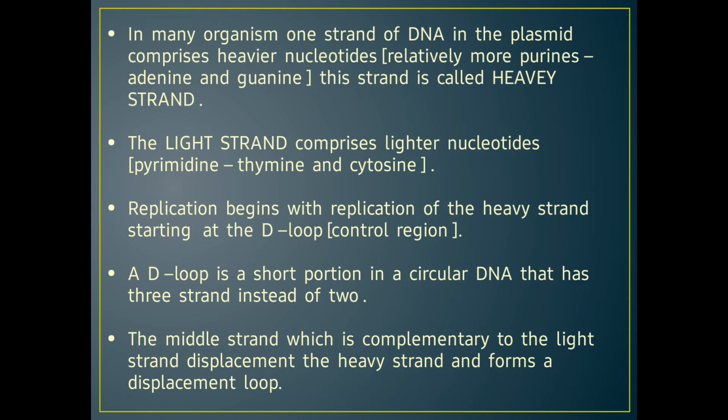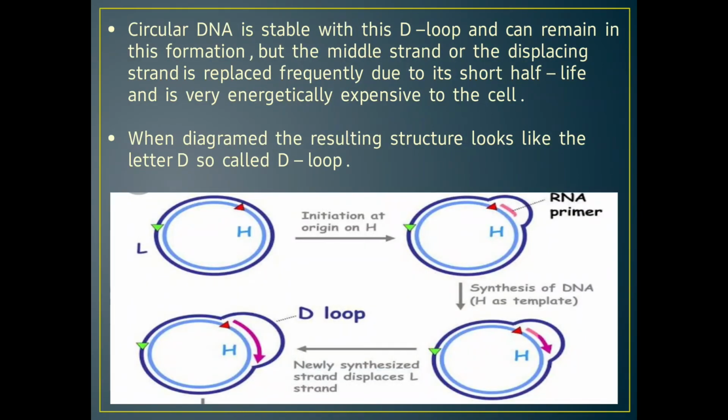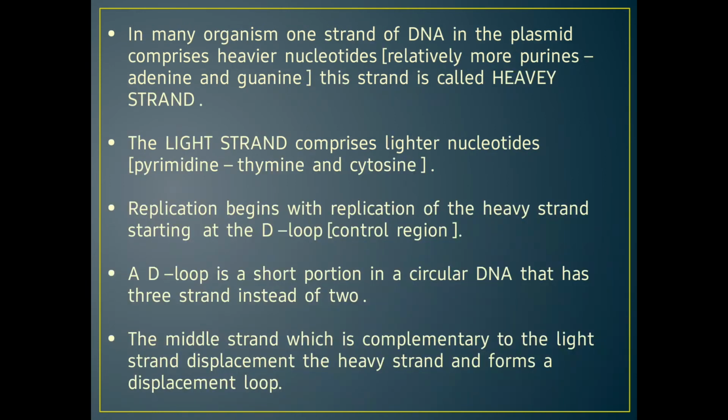The light strand has lighter nucleotides, that is pyrimidines, thymine and cytosine. You can see H written here: the inner part is the heavy strand and the outer part is the light strand.